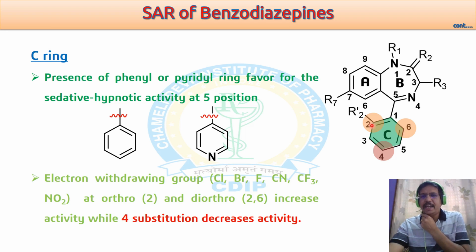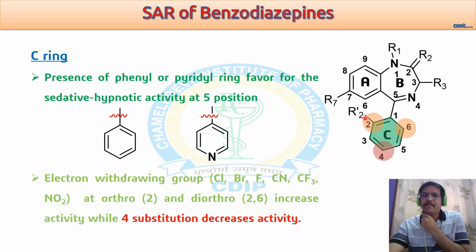Generally, an electron withdrawing group at the 2nd position and at the 6th position favors the activity. In both cases, whether mono-ortho substituted or di-ortho substituted, the activity increases. But if we change the 4th position by means of an electron withdrawing group, then these substitutions decrease the activity.